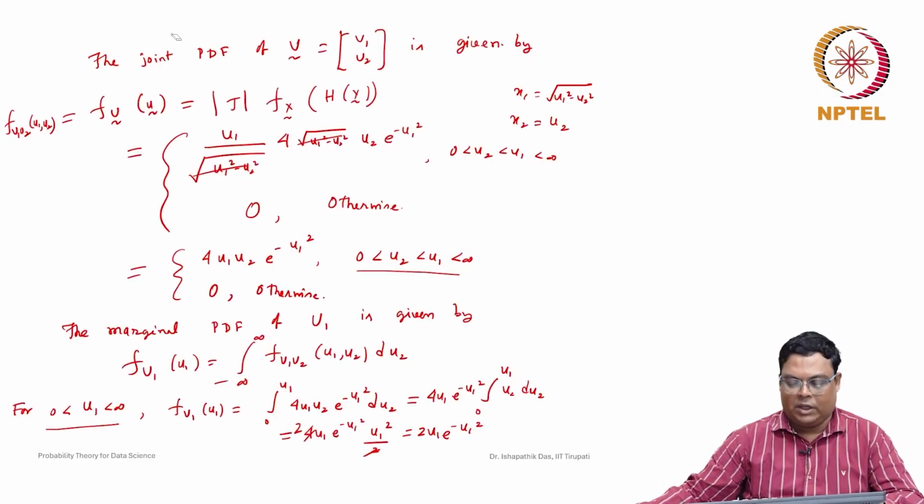So finally we write the marginal probability density function of u1.